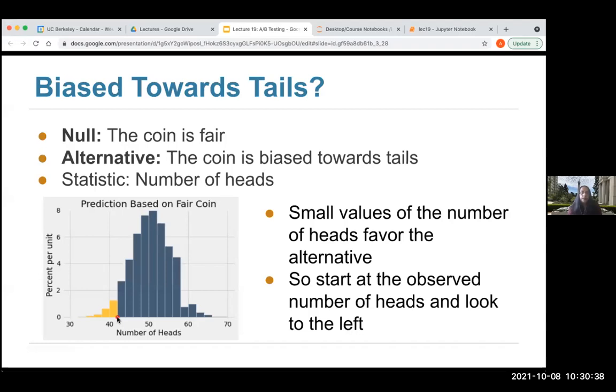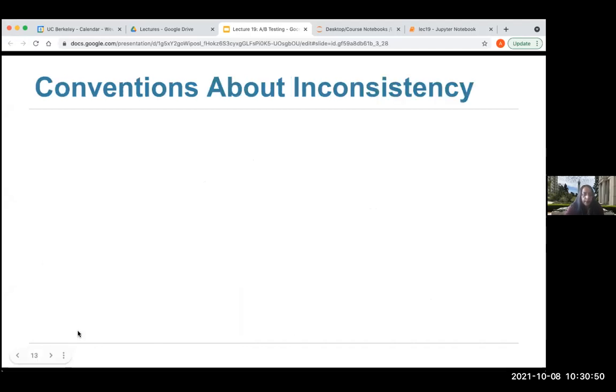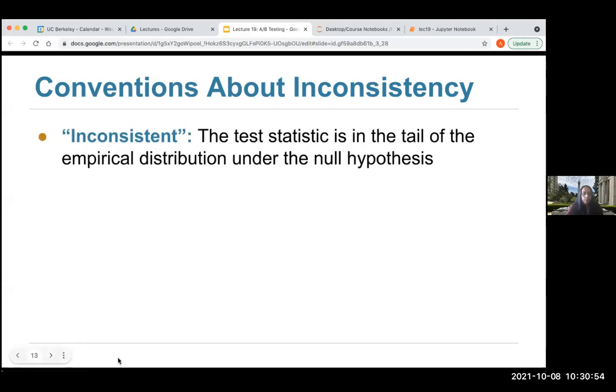Okay, so now the question is, is that too far out in the tail or not? Well, obviously you can make your own decision, okay? But there are some conventions. The conventions are, in order to decide what is inconsistent with the null, how far out in the tail is too far.